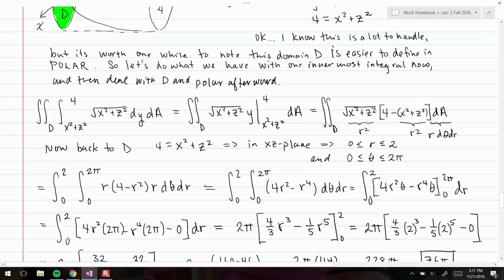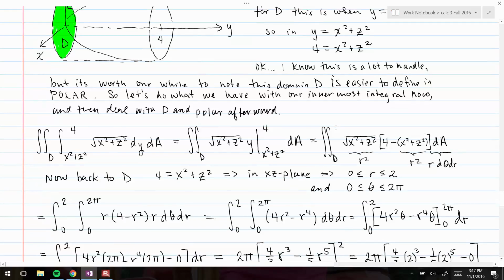Then you need to plug in. So we're going to do our 4 first, and then our x squared plus z squared in there with the minus parentheses. And so that was just evaluating that innermost integral with respect to y. And now you can see, hey, this is just a double integral over domain D, which is over the xz plane.